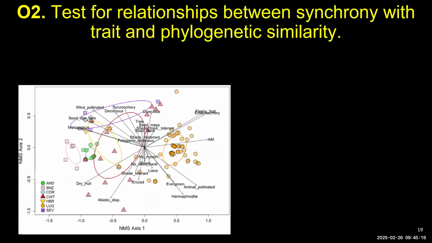And then for our second objective, we wanted to test for relationships between synchrony and trait and phylogenetic similarity. What this figure is showing is each symbol representing an individual species and where it exists in trait space, color-coded by the LTER site.